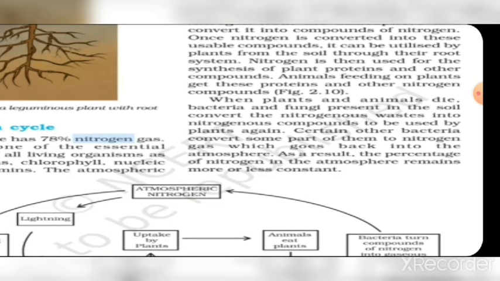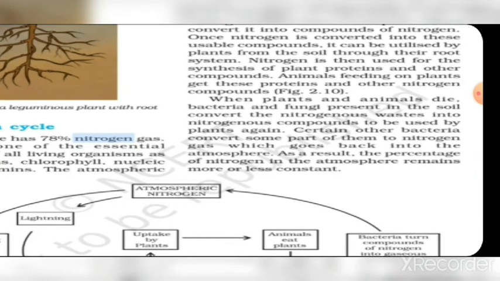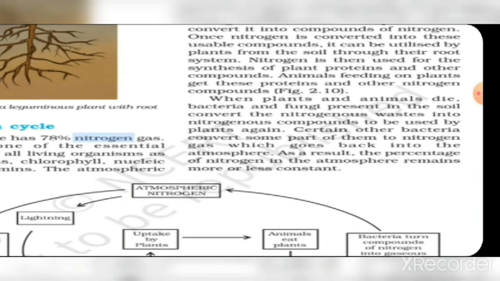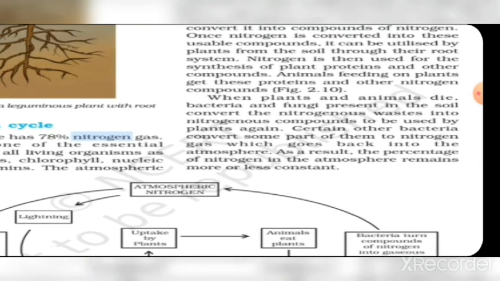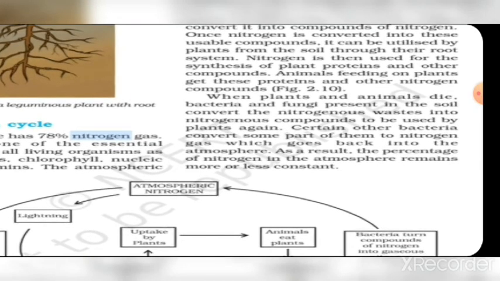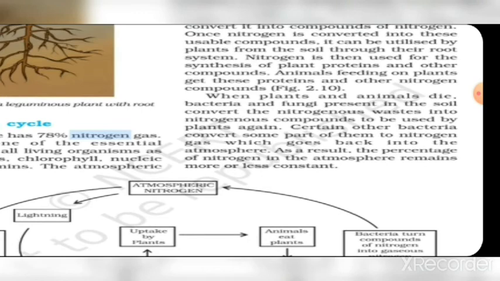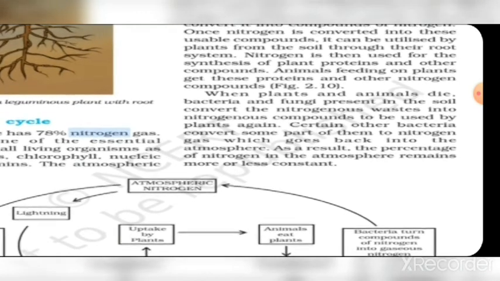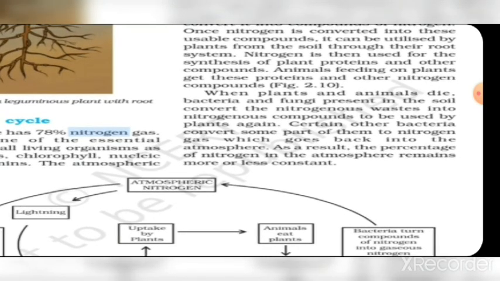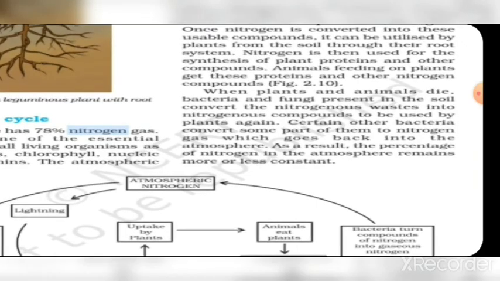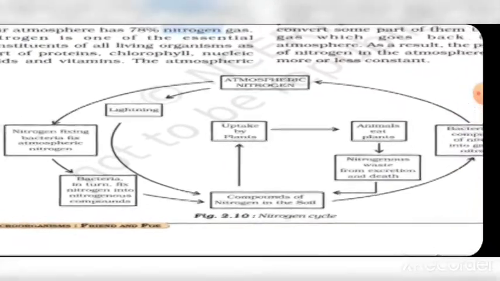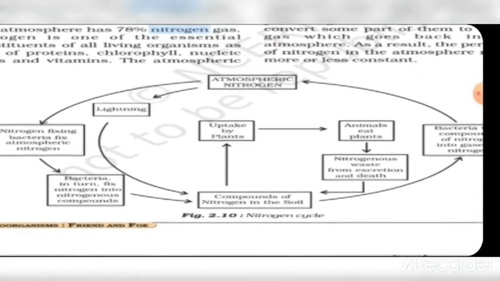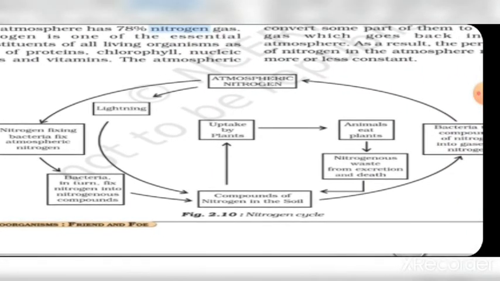Certain other bacteria convert some portion of the nitrogenous compound into gas, which then goes back into the atmosphere. Thus the nitrogen balances in the environment. As a result, the percentage of nitrogen in the atmosphere remains more or less constant. So this is the nitrogen cycle, and it is very important and easy, and you have to learn it.